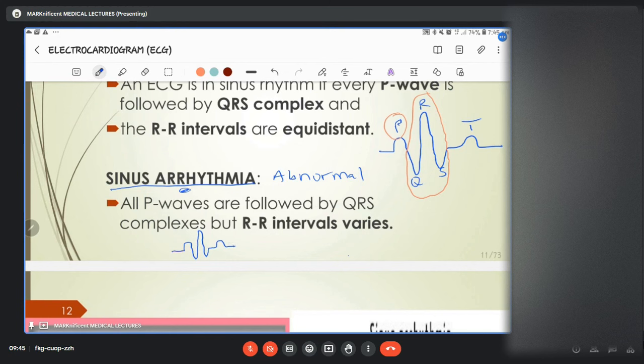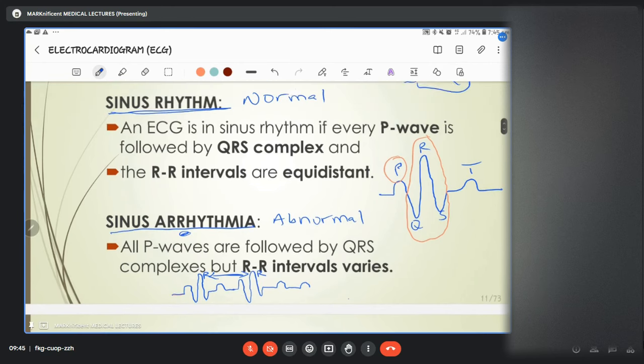So after this T, you'll have another P, Q, R, S, T. Then you'll have the next one. So this is R up here, and then this is R again. It means that the distance between each of the cycles should be the same throughout the ECG waves.